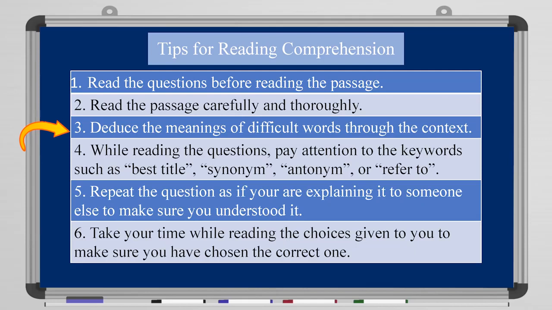So I want you to guess the words from the context. Okay? Then I want you to pay attention to words like best title, synonym, antonym, meaning, or refer to. Okay? I want you to say the question in your mind as if you are trying to explain it to someone. That way you will understand the question a little bit more.